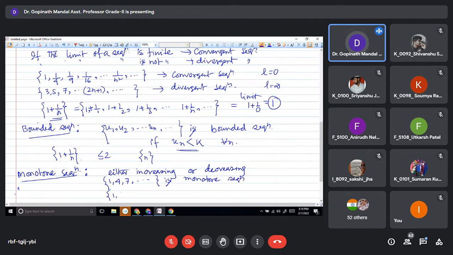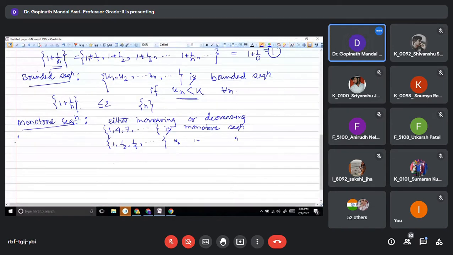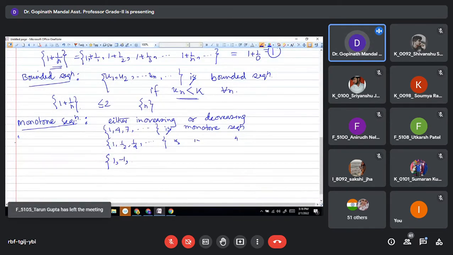And 1, 1/2, 1/4, this is a monotonically decreasing sequence, so this is also a monotone sequence. But suppose we have a sequence 1, -1, 1, -1, like this, because this is a sequence of (-1)^n.